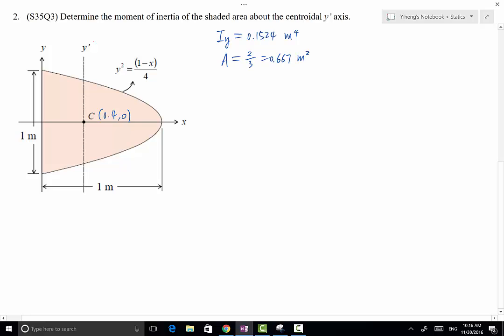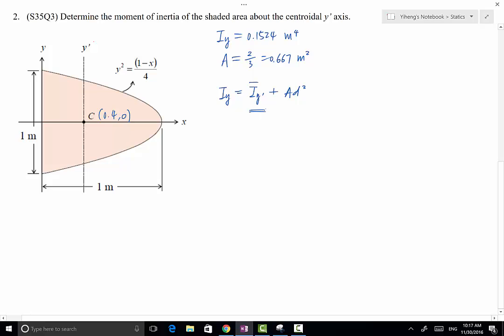With all that, now we can use the parallel axis theorem to determine the moment of inertia of this area about its own centroidal y prime axis. We know that Iy equals Iy prime bar plus A d squared.